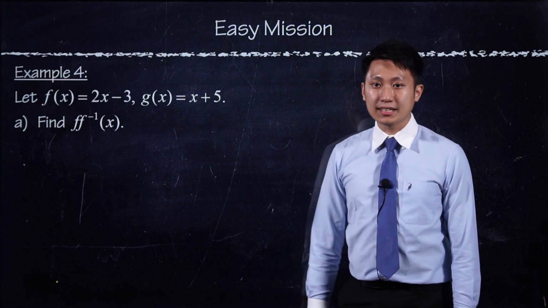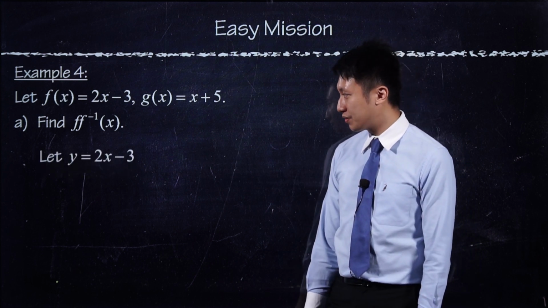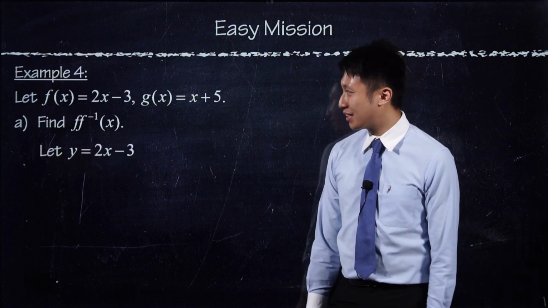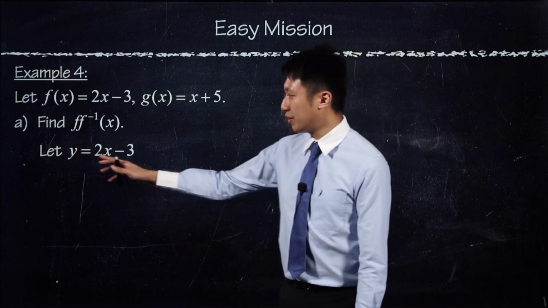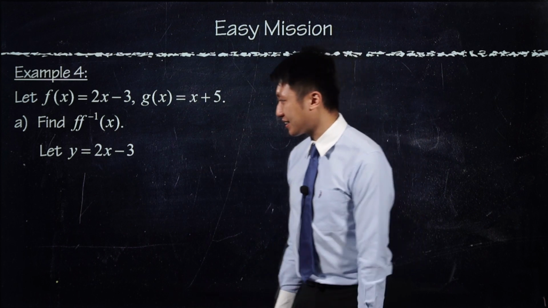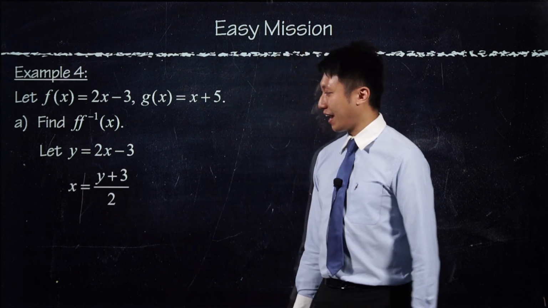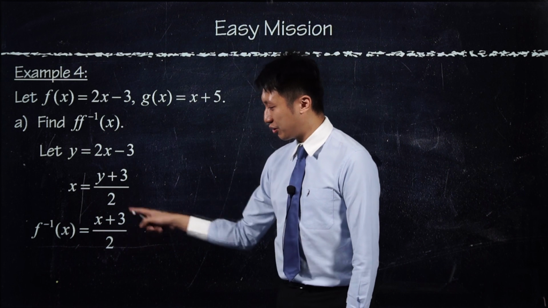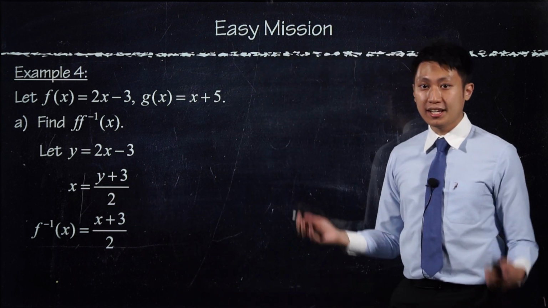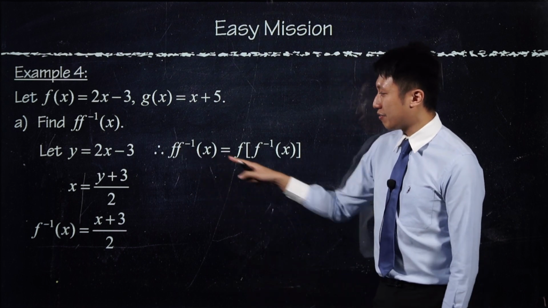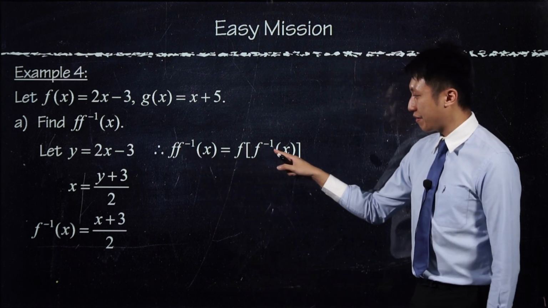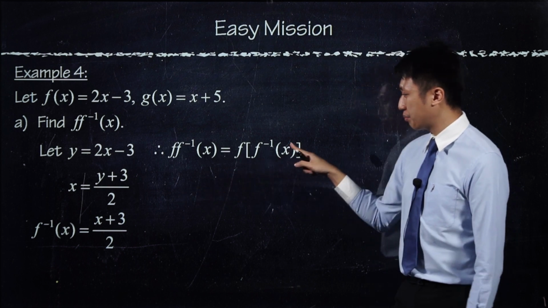f inverse of f of x is equal to, what do you have to do first? You don't even have f inverse, so you've got to find f inverse. So let y and find your x, and f inverse of x is directly equal to this thing. Replace the y with x, then you get your answer. And f inverse of f of x is f inverse bracket f of x. That whole thing, put it here.